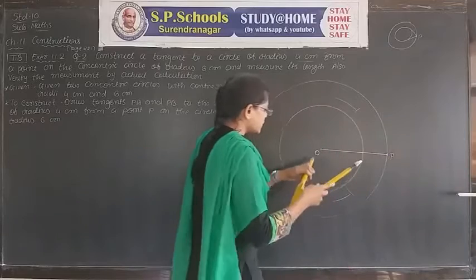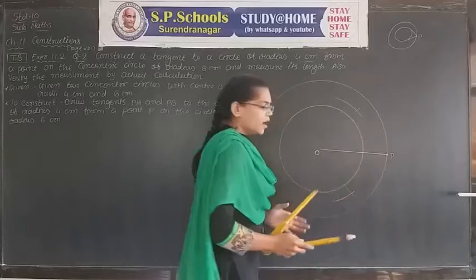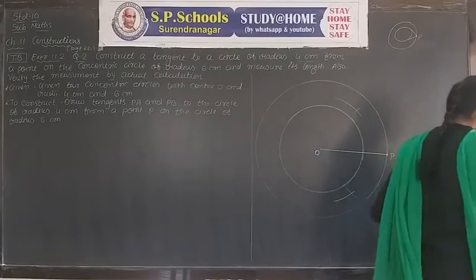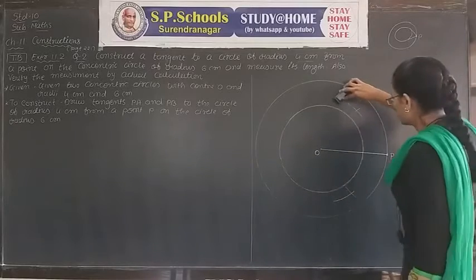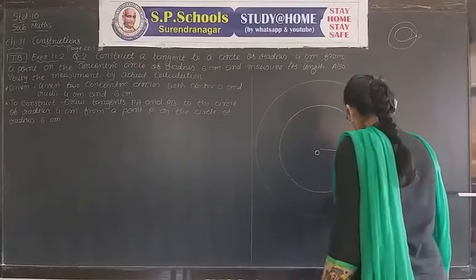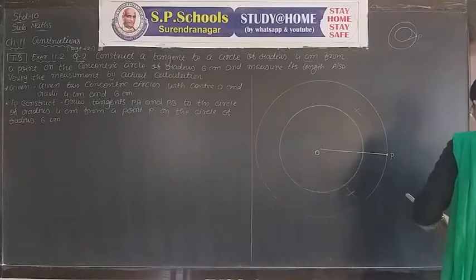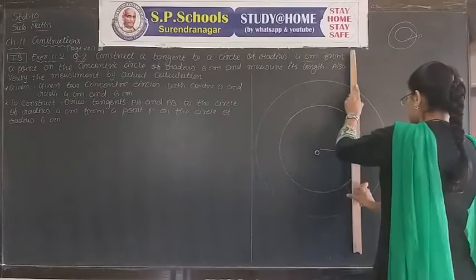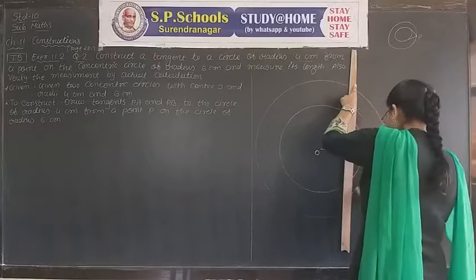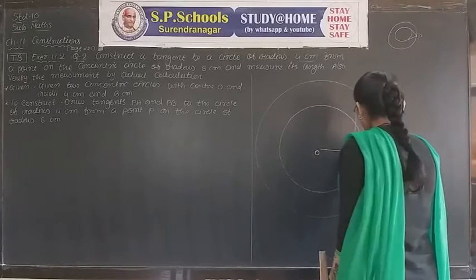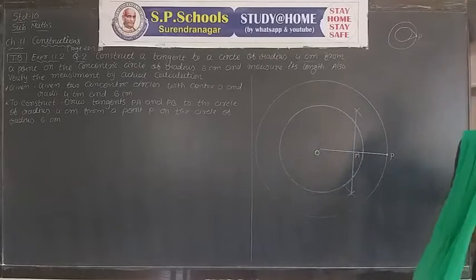If they do not intersect each other, extend them by again taking O as a center. Then remove the extra arcs. Now we join both intersection points. This is called the perpendicular bisector of OP. Where it bisects OP, name the point M.